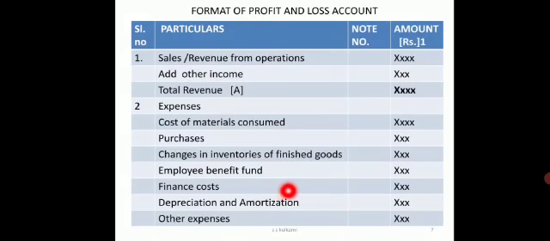Apart from that, other expenses like repairs and maintenance, audit fees, advertisement charges, rent paid, interest, all these expenses which are not included in the above expenses will be taken as other expenses.